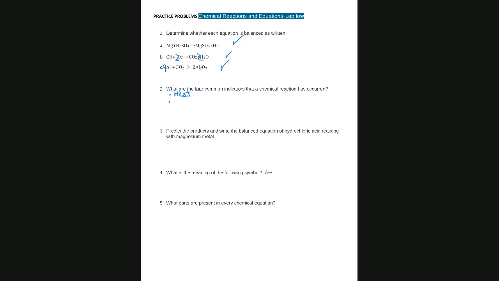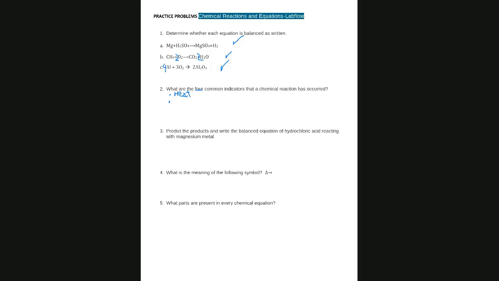If the products formed are way different from the reactants. Yes, so we look for new substances formed.